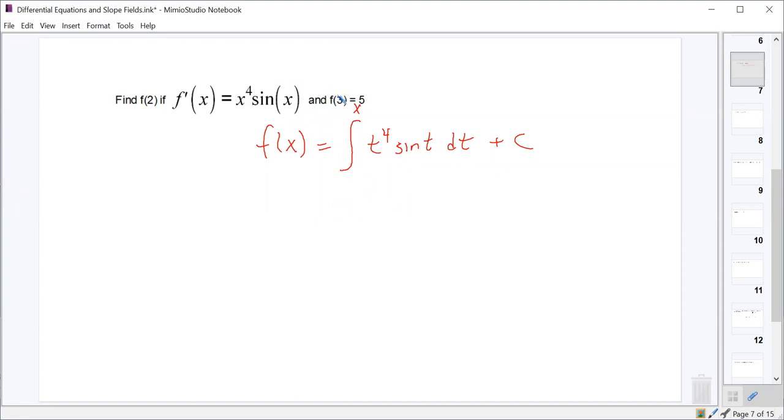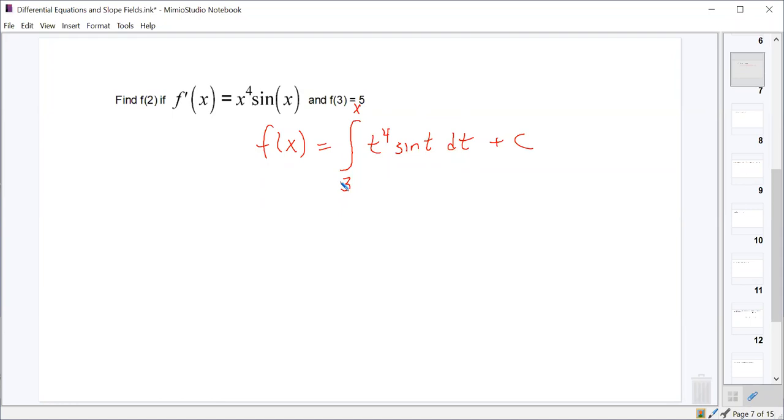So when I look for f of 3, this x value is going to be 3, right? Up in the upper limit. Yeah. And so in order to then know what the value of this integral is, what do I need the lower limit also to be? 3. And so this will be our initial setup.